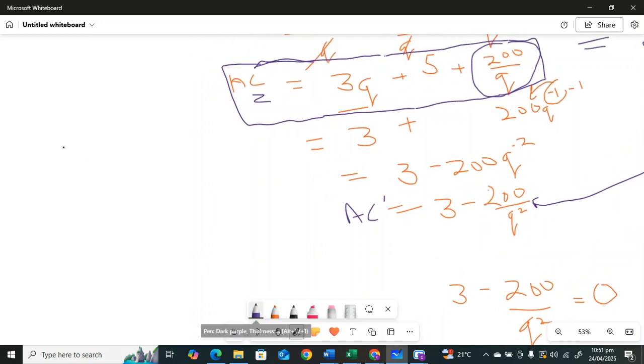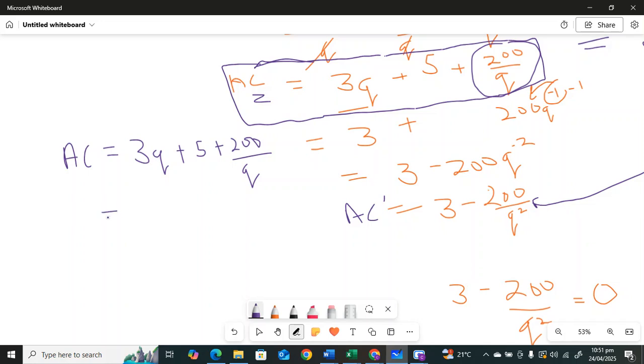Average cost was 3q plus 5 plus 200 over q.